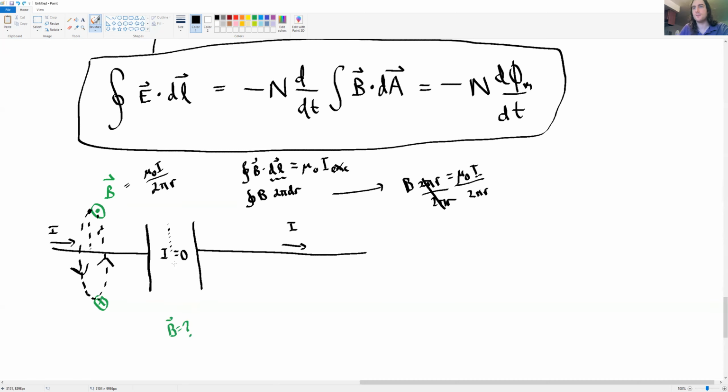Let's clean that up just a little bit. If I do a loop, distance r here, and I do the integral B dot dl, then what I ultimately end up with is 0 because there's no current in, let's say, between the capacitor plates.